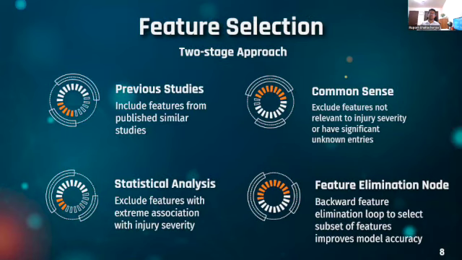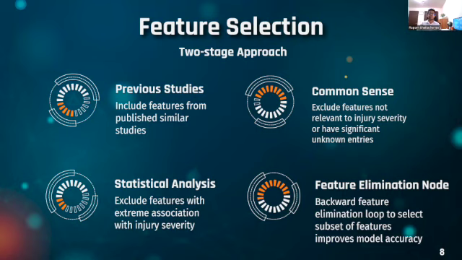The original dataset had more than 100 variables. All of them, of course, are not necessary to classify injury severity, and having them might increase the computational time. Therefore, we had to reduce the number of variables. A 2-step feature selection process was employed to identify input variables that are absolutely necessary in predicting injury severity. At first, 38 variables were selected based on previous studies, common sense, and statistical analysis. The variables that had extreme association with injury severity were excluded.